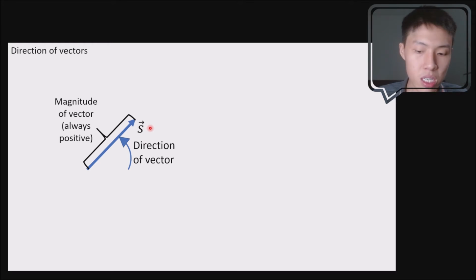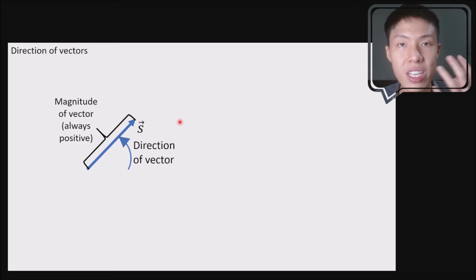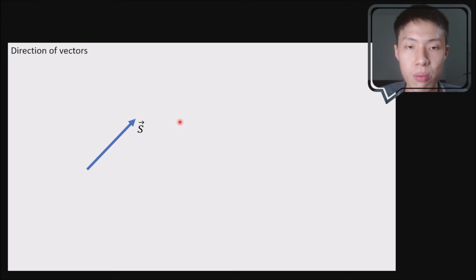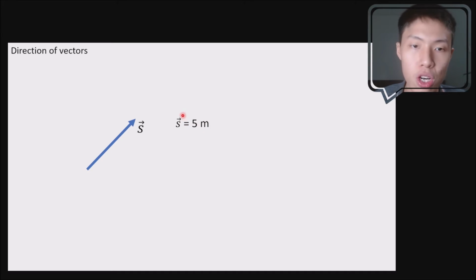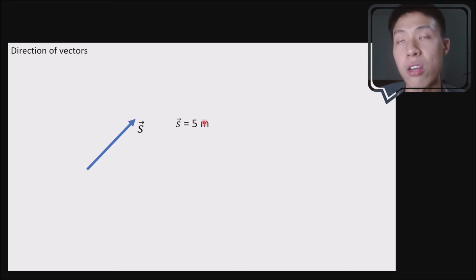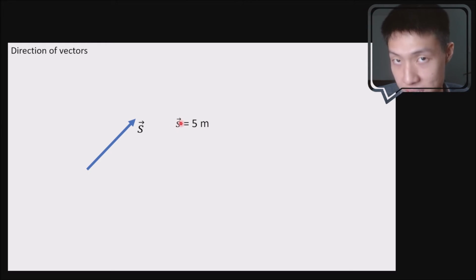If you want to write it in words or in mathematical form, you can probably write it as S equals to 5 meter. But if you think that's correct already, no, that's actually incomplete. Because if I write this symbol with a right pointing arrow on top, I'm clearly stating that this S is a vector.